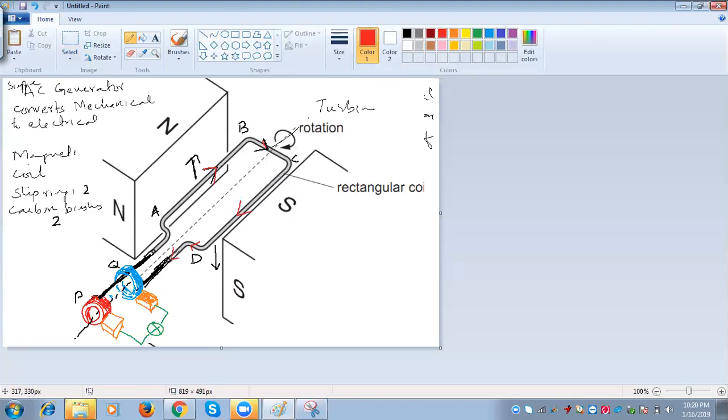It will come towards slip ring Q, then carbon brush X. Then this is carbon brush Y. Then current goes through the bulb in this direction. Sorry, I should take red color.